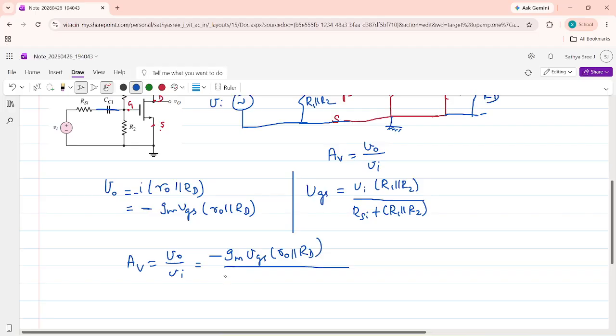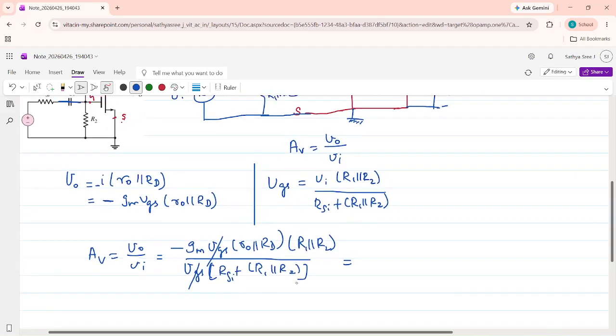Vi is VGS multiplied by RSI plus R1 parallel R2, multiplied by R1 parallel R2 here. Now this VGS will get cancelled.